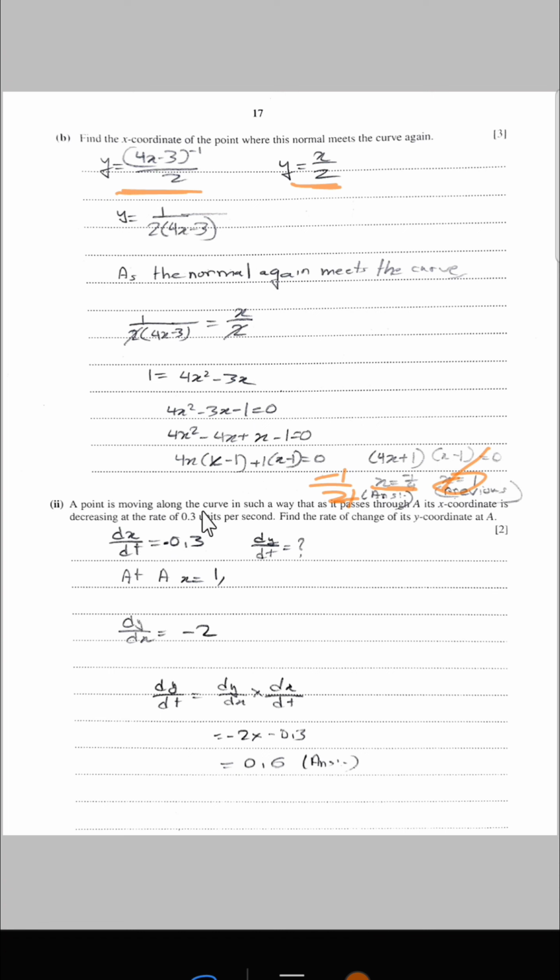The point is moving along the curve in such a way that it passes through point A. We know the coordinate of A, and its x coordinate is decreasing at a constant rate of 0.3 units per second. So as the x coordinate is decreasing, we have negative 0.3 as dx by dt.